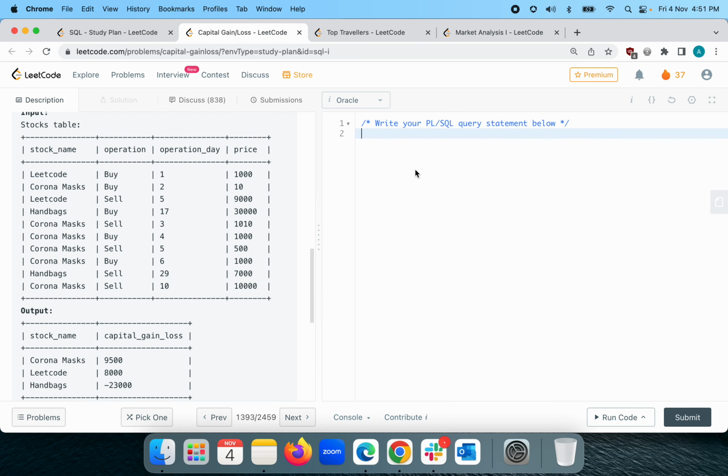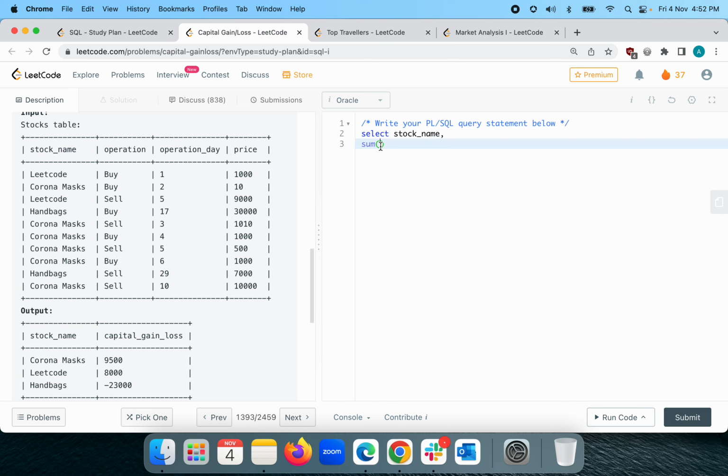So let's code it. First I want to select stock_name, comma, and then I want to use the sum operation. For buy I will use minus price, and for sell I will use positive price. On this particular column I want to do the sum operation.